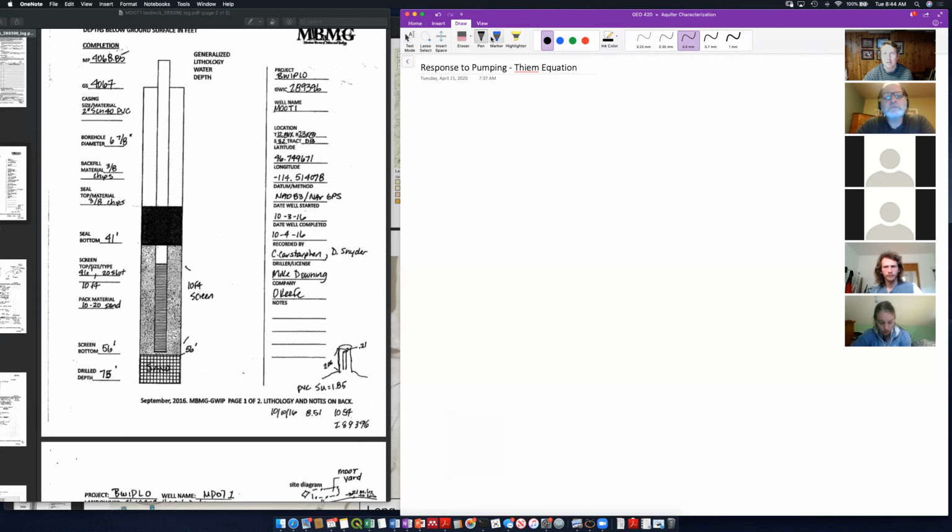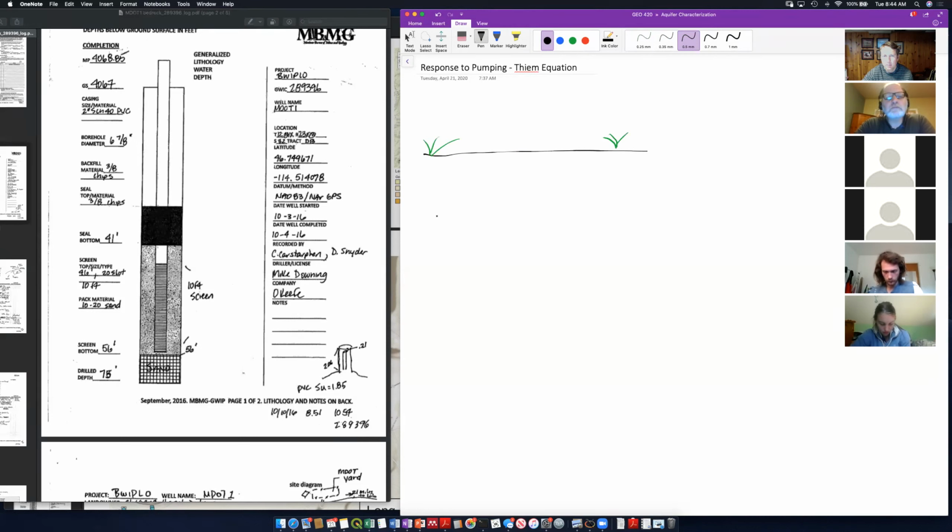Let's consider a cross section here. So here's my land surface. Draw some grass. All right. And we've now drilled a well.